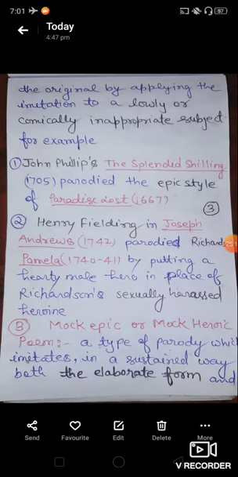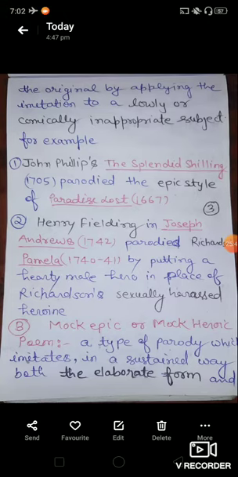It is a type of parody, so try to understand. We can even say that a parody is a kind of burlesque and mock epic is a kind of parody. Is it clear? This is not different from parody, it is a kind of parody.